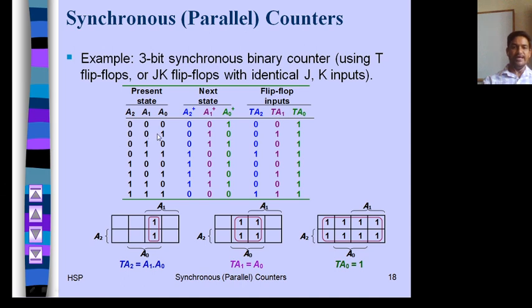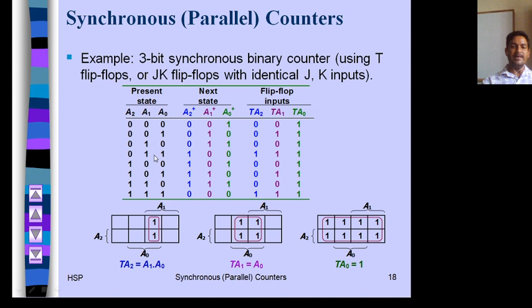when this value A0 is 1. Okay, just see here, 0 to 1 toggling when A0 is 1. Again when A0 is 1 it is toggling 1 to 0. When it is 1 again it is toggling 0 to 1. So you can directly write down TA1 equal to A0. Okay, now A2, when it is toggling 0 to 1, only in this case it is toggling.